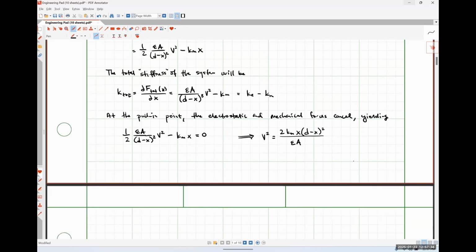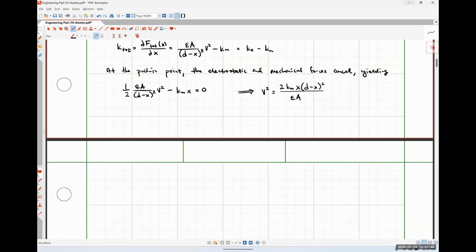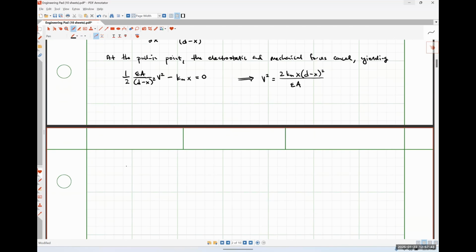If I substitute this value for the voltage squared into my stiffness relationship, I wind up getting K total is equal to epsilon A over (d minus x) cubed. Now I'm multiplying this by voltage squared. So that's going to give me a factor of twice Km x (d minus x) squared over epsilon A, minus Km.